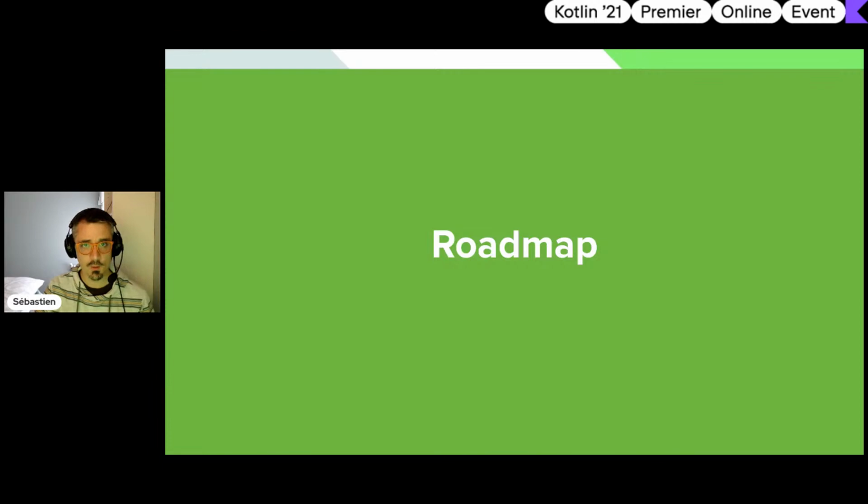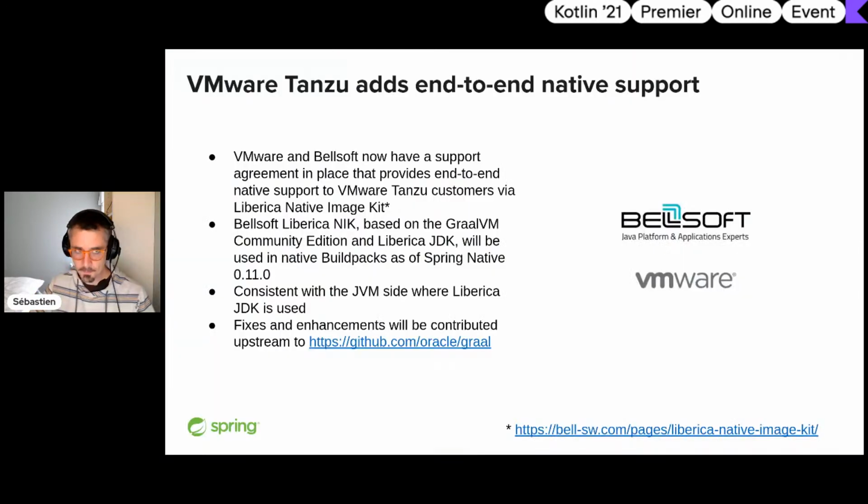So let's talk about the roadmap, and then we will be able to maybe talk about your questions. In terms of a little focus on enterprise support, at VMware we have a support agreement in place with Bellsoft in order to provide end-to-end support for this native platform.